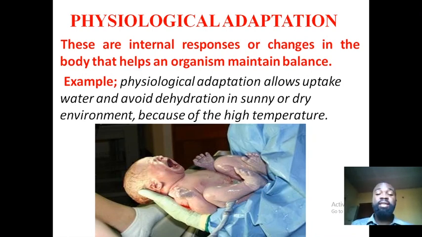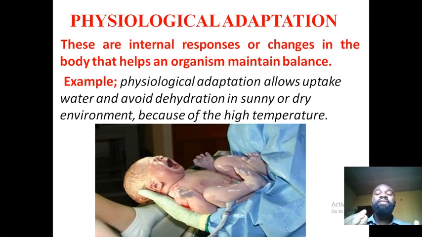Maybe from 4 liters, it can expand to 6 liters. These are part of the internal changes. You are not seeing it. It just adjusts itself to maybe 6 liters because that state is always what? Is always dry and sunny. So your body system adjusts to a point that maybe you can take more water into your system. Maybe it can allow for 6 liters or 5 or so on, compared to when you were in a rainy environment. So it could allow uptake of water and avoid dehydration.